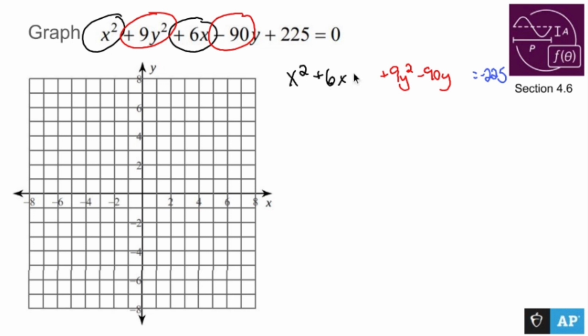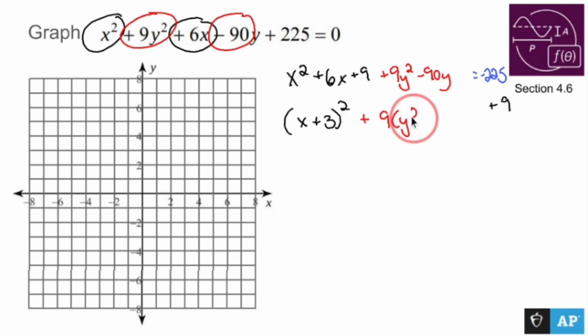Square that and add 9 to both sides. What that allows you to do is factor it: x plus 3, squared. Okay, good news. Here's the thing, though, with the y's, can't do that quite yet, but what I'm going to do is factor out the 9. So plus 9.